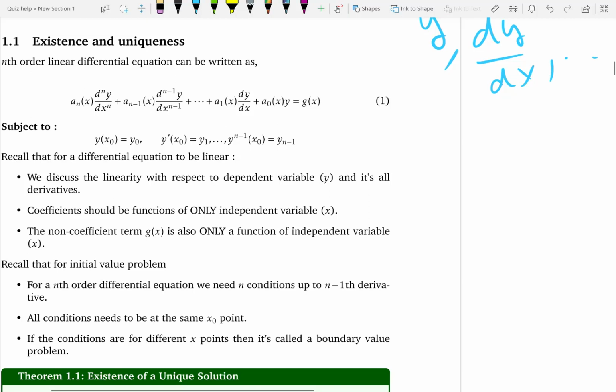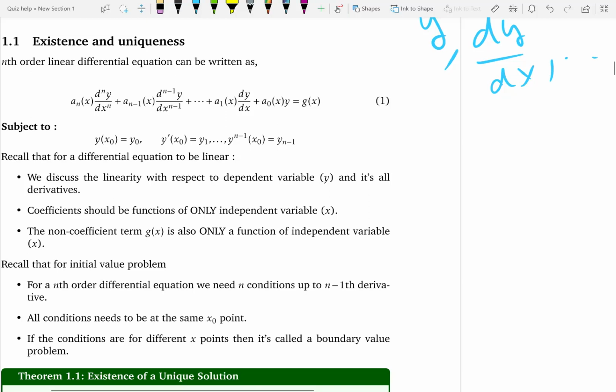That's the first thing. Second thing is that for an initial value problem, the conditions should be up to the n minus 1th derivative, one derivative less. Remember, if you have a third order differential equation, your conditions should be up to the second derivative.